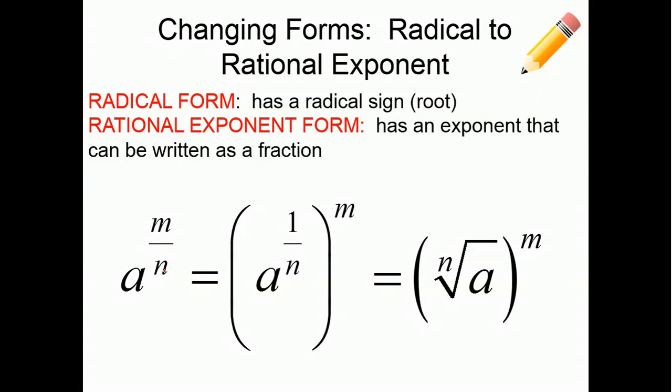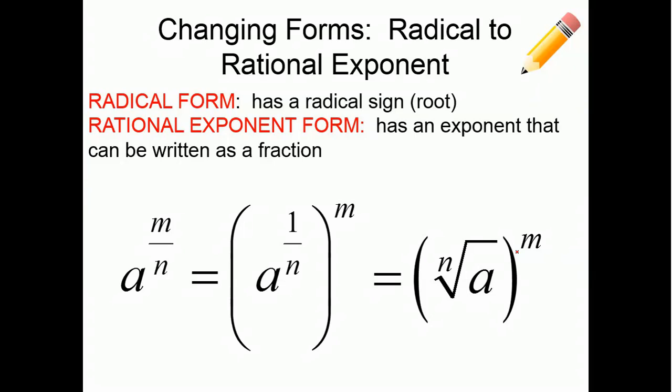So remember, it's basically a power to a power, right? It's the power rule that we had for exponents. So what I can do is write a to the 1/n power, to the m power. Then a to the 1/n is the same thing as the nth root of a, still to that m power. It's actually pretty simple.